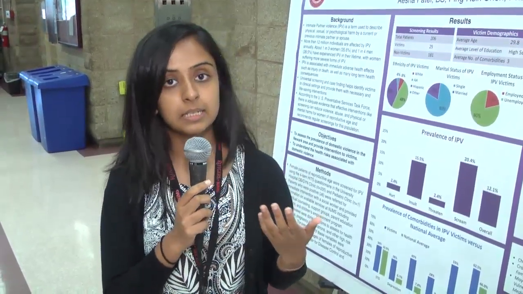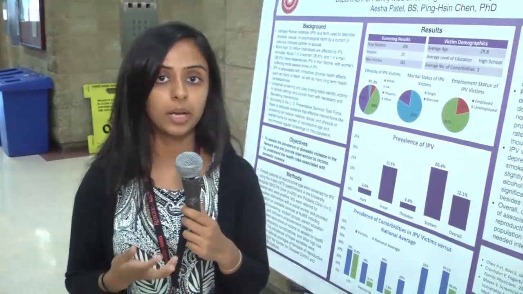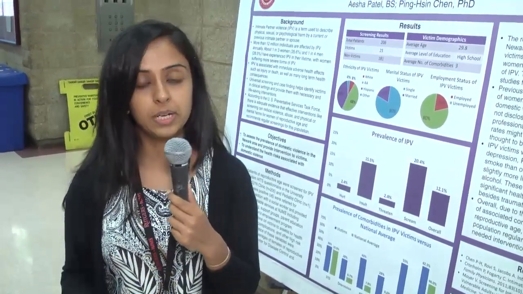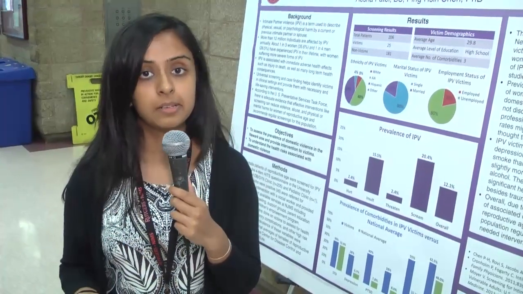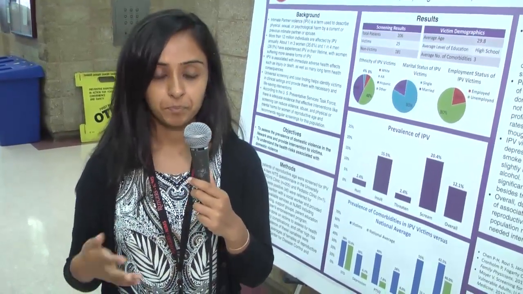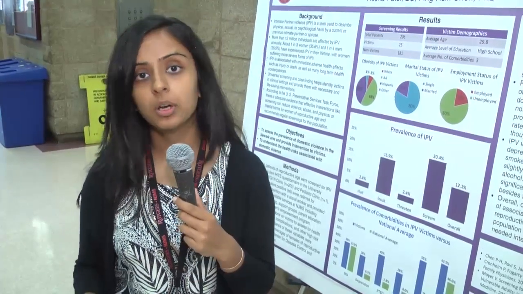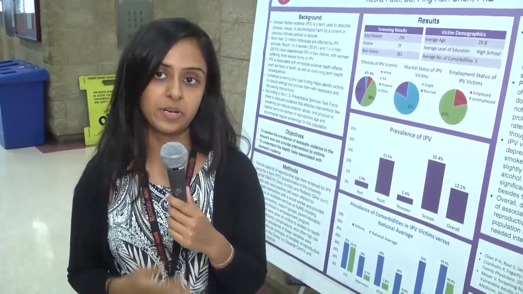And since the National Preventative Task Force recommends that every single female of reproductive age gets screened for domestic violence, but only 25% of females actually do, based on my studies, I've shown that it is important to screen females for domestic violence due to the high comorbidities associated with them, and to regularly screen them so they are more likely to be truthful, and then we can combat these comorbidities.